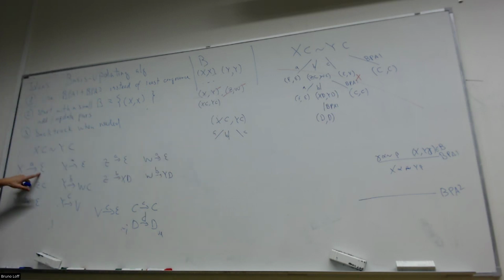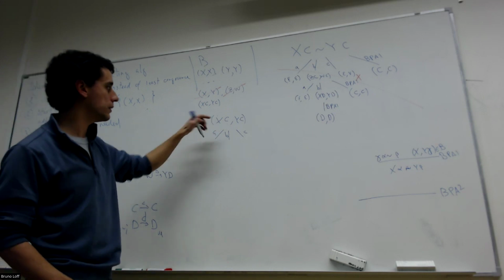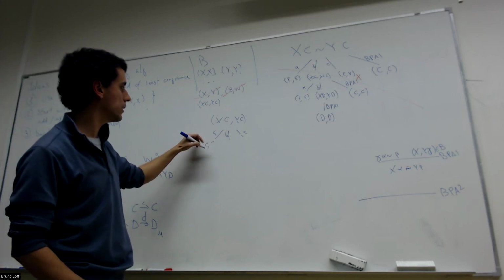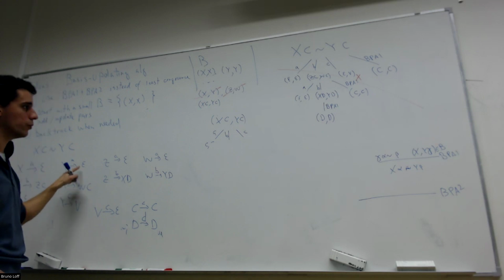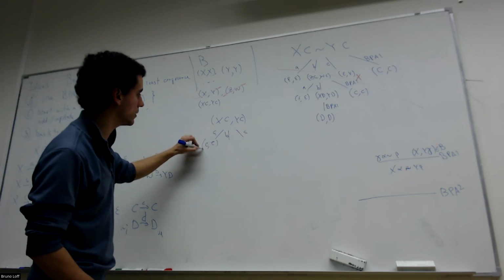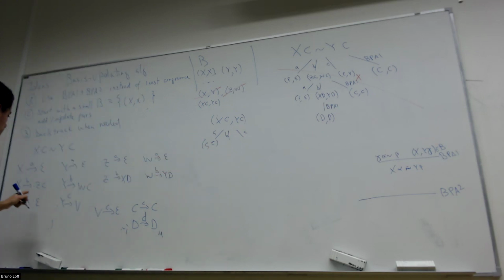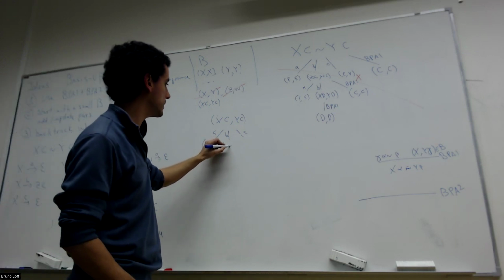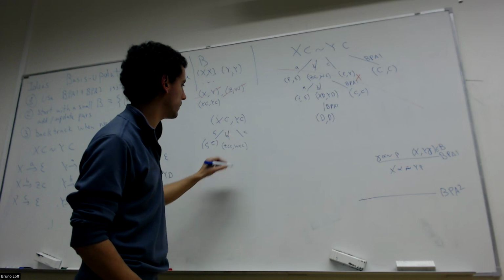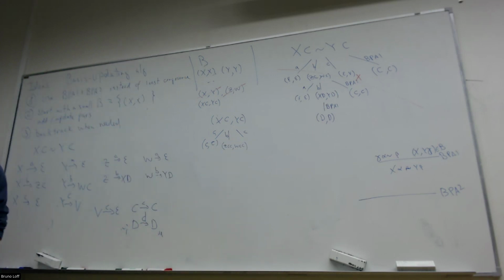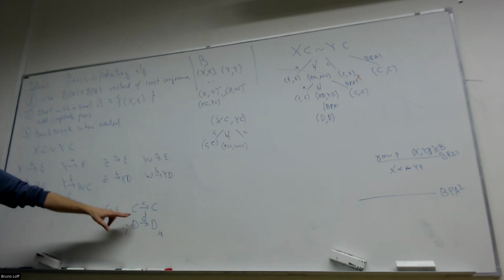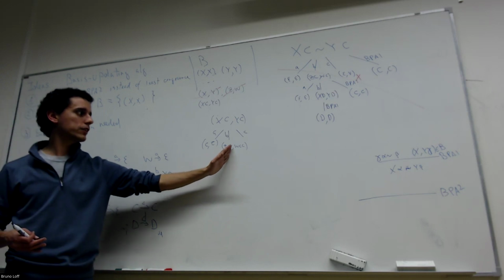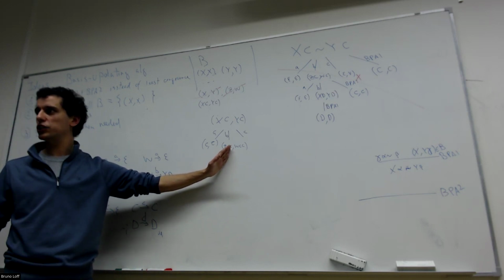Because X goes to epsilon, XC goes to C. And because Y goes to epsilon, YC also goes to C. Now B, I'm going to write it like this: ZCC, WCC. But actually, because C is unnormed, anything after the first C I can just reject.